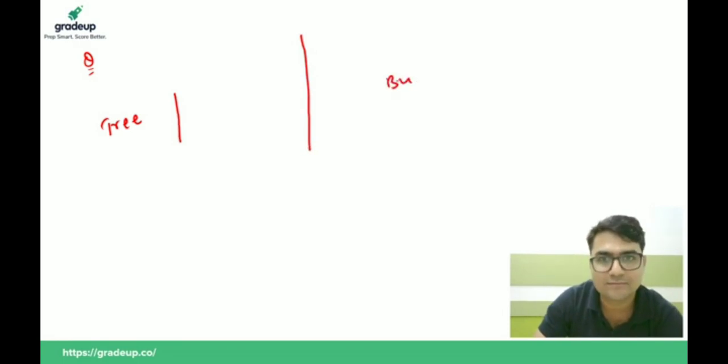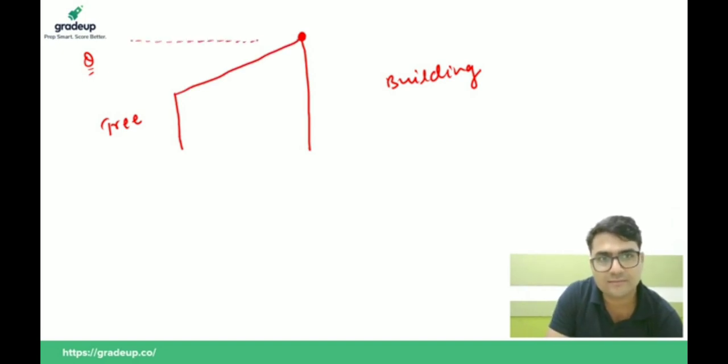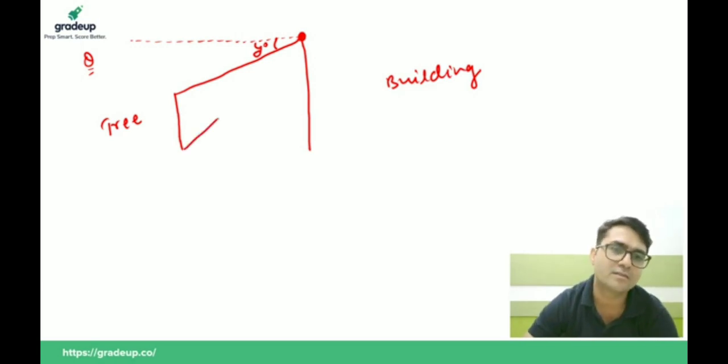Now, my question is, if you have a tree here and you have a building here, and the angle of depression from the top of the building to the top of the tree is y degree, and the angle of depression from this to the base of the tree is x degree.